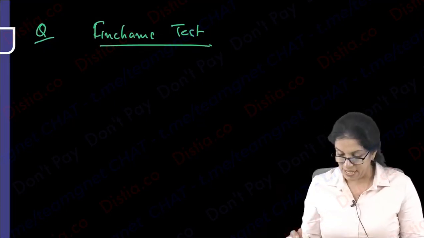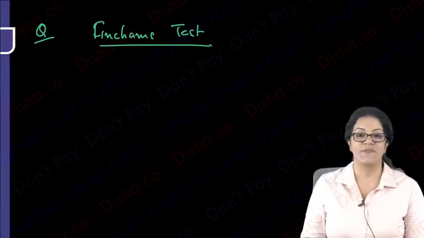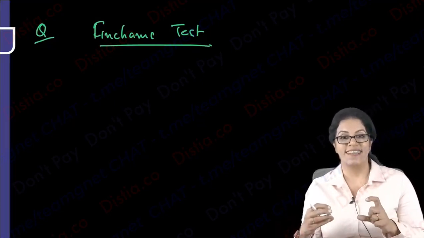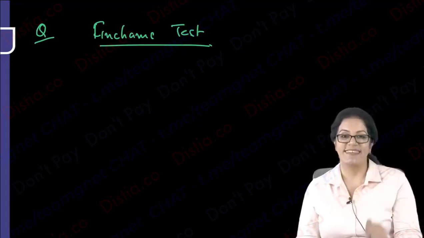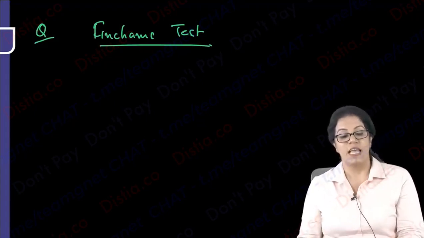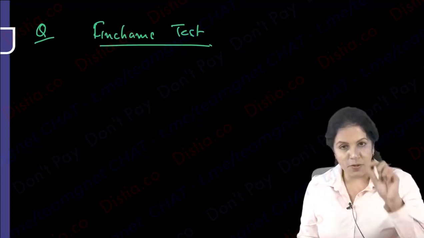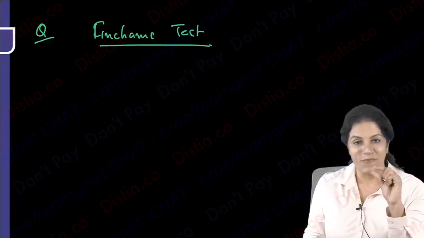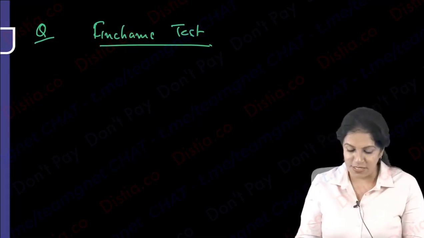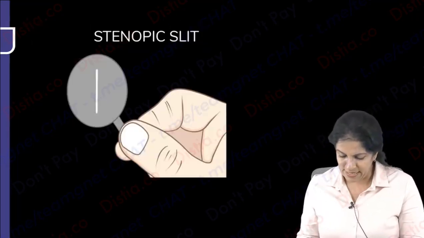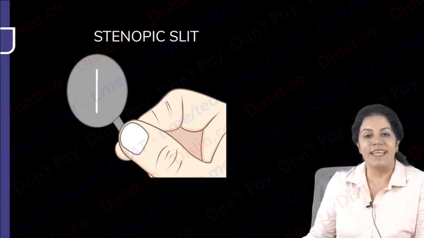Let me explain. First of all, what is a stenopic slit? When you go for an eye test, the lens by which your eyes are closed, what is that called? That black one? Occluder, isn't it? And any small hole inside that occluder, what is that called? Pinhole. Similarly, there can be a long slit which is called a stenopic slit. So this is your stenopic slit.